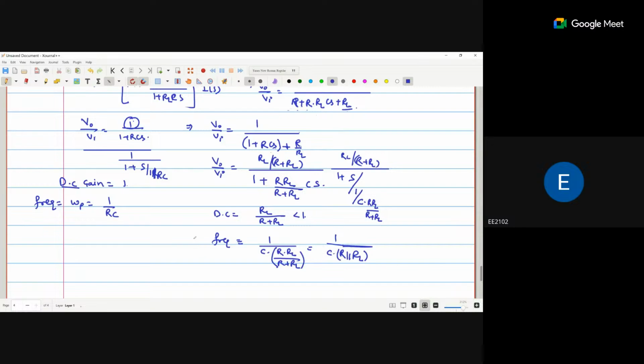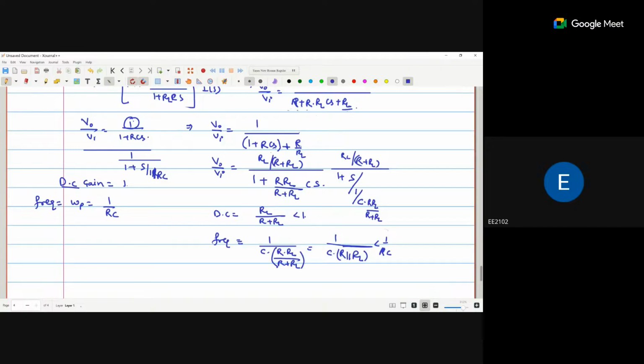Now the frequency is also less than 1 upon RC.